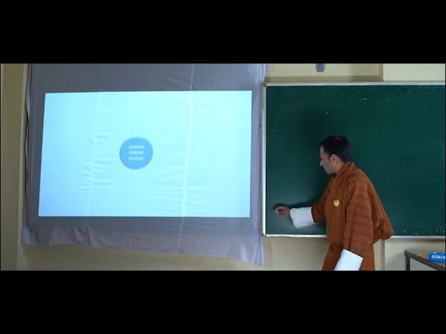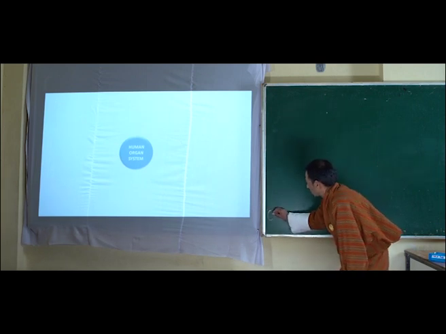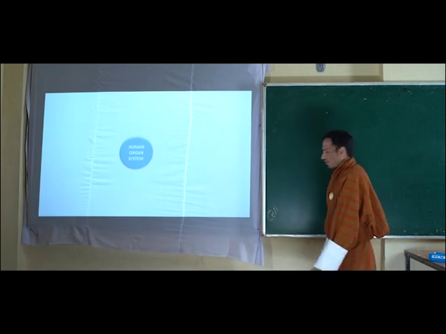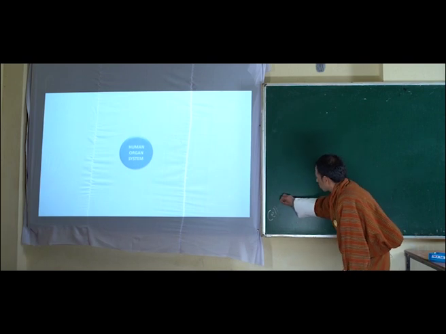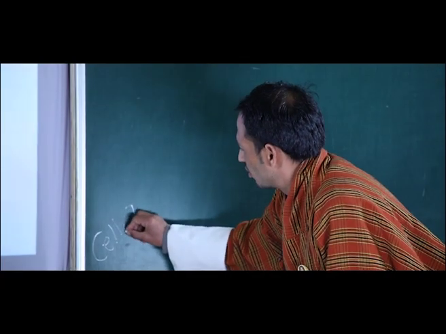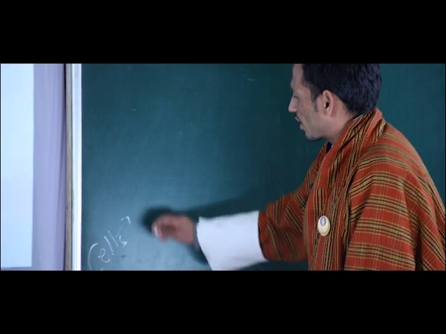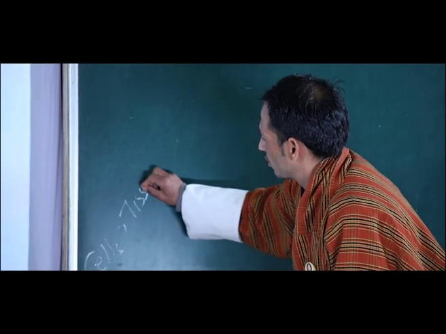Before we go to the organ systems, let me take you to the cell. We know that every structure and function of every living being starts with the cell. So the cell is the structural and functional unit of life. A group of cells combine together and work together to form tissues.